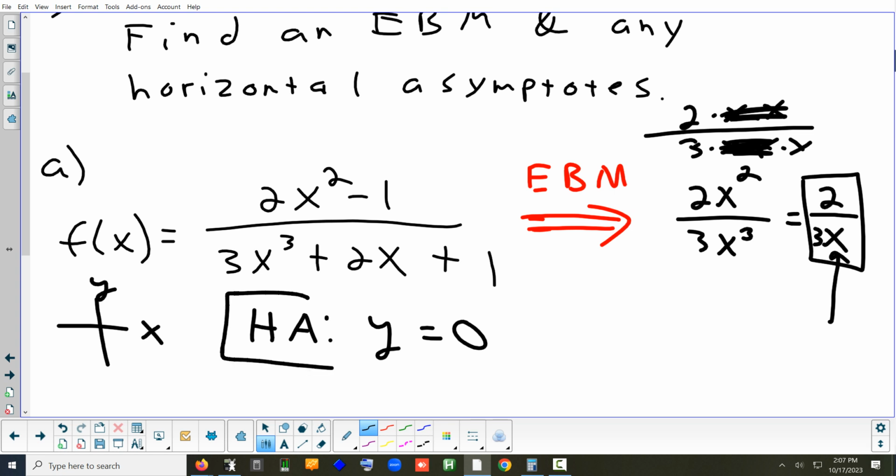Any question on how we use the EBM to find the horizontal asymptote? Just let x be a really big number, and that's your horizontal asymptote. Kind of a hint: anytime you have an x in the bottom by itself and only a number in the top, it's always going to be 0.